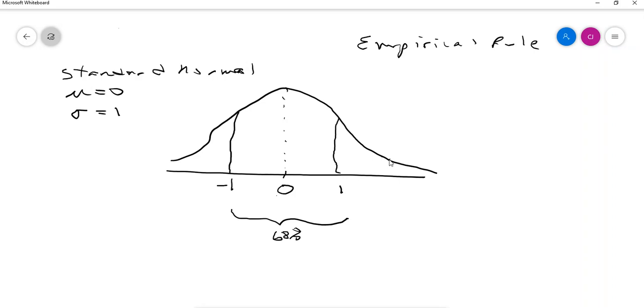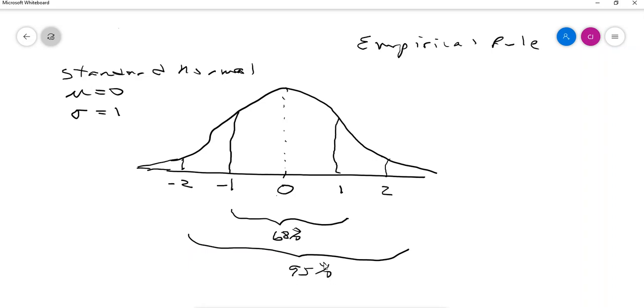And 2 to -2. Okay, so from 2 to -2, this is an important rule. 95%.